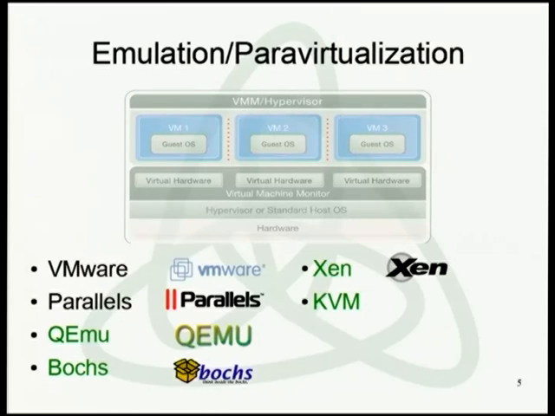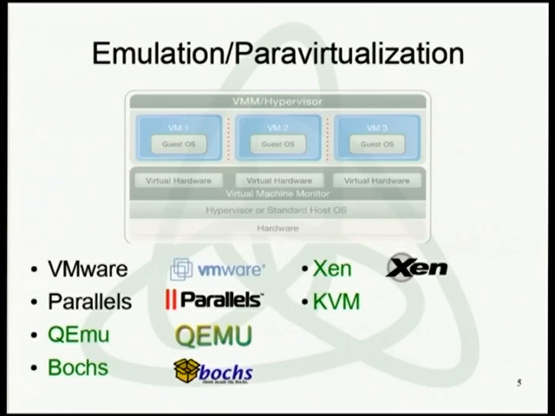So with virtualization, what those guys do is they have on top of hardware a layer called hypervisor or virtual machine monitor, which lets it create multiple instances of virtual hardware. And on top of those instances, you run your operating systems.